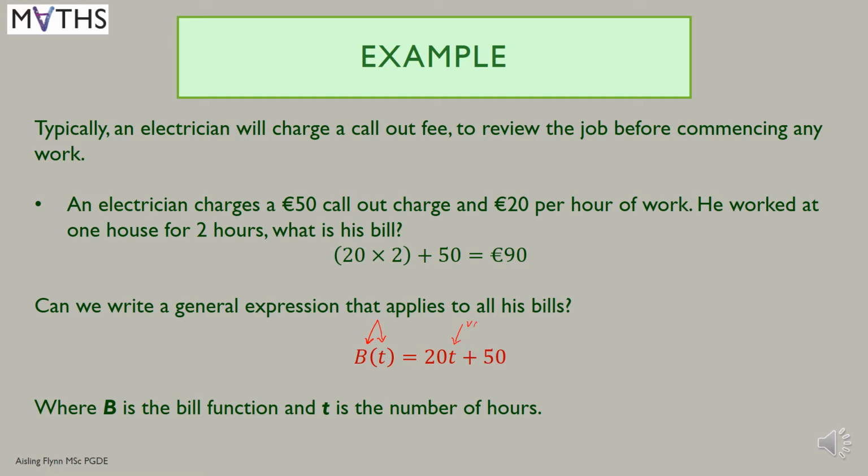So T is still the variable, still what changes, plus 50, so 50 would be a constant in each of the calculations. So B is the bill function and T is the number of hours. So this is just a couple of examples to show you the function notation.